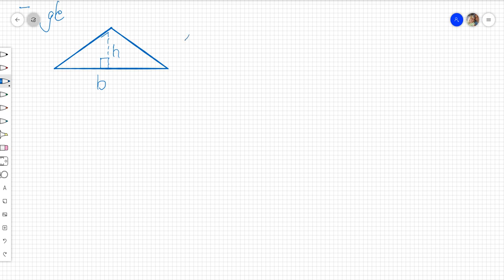So area is equal to half base times height, or as maybe in primary you learned it, base times height over 2. And of course the perimeter will be to add all the side lengths together.